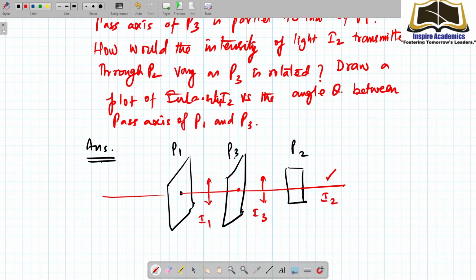So now what is theta? The angle theta is the angle between P1 and P3, yes or no? So what will be my I3?